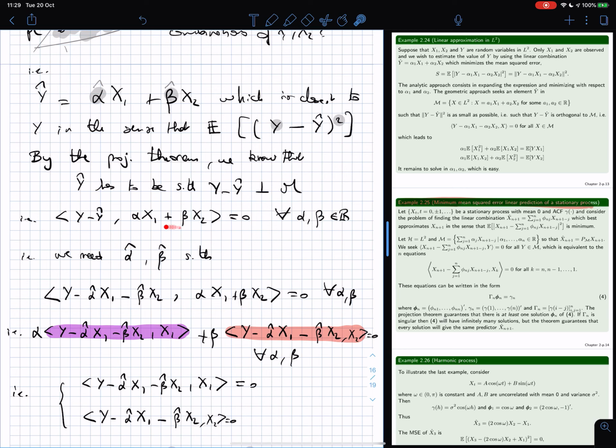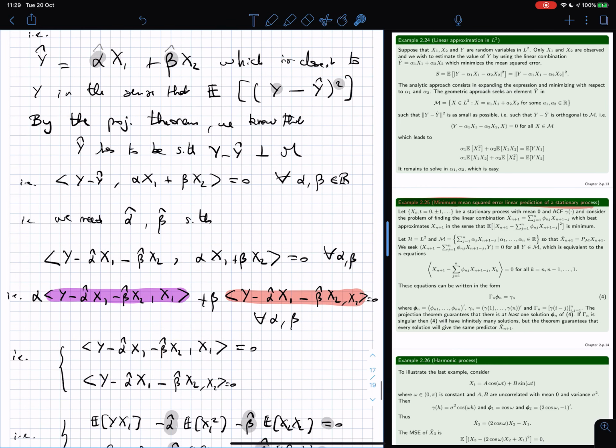So how do we check that this is 0 for all alpha, beta? Well, we need that y minus y hat, scalar product here, is equal to 0 for all alpha, beta. I just simply take this scalar product with this, and get the alpha out, plus this scalar product with this, take the beta out, and I'm left with this plus this has to be equal to 0 for all alpha and beta.